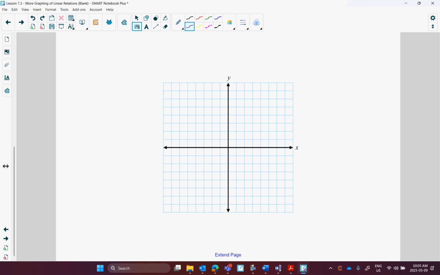So 0, -3, 1, 1, and 2, 5. Yeah, those ones look like they form a nice line. Remember, you have to draw the line through it, and an arrowhead at the end.